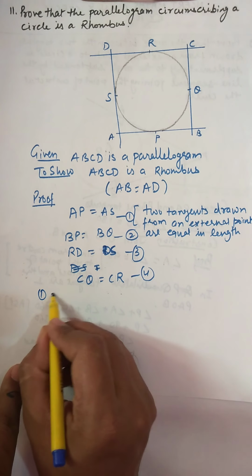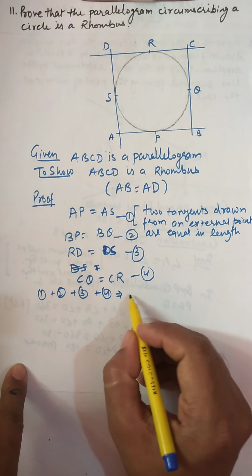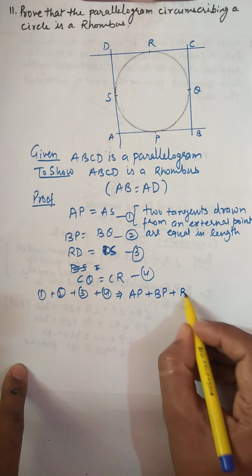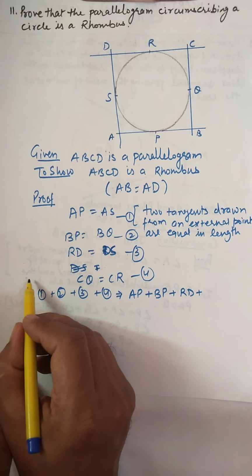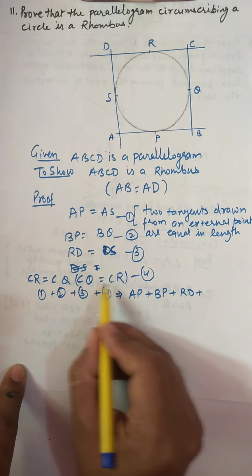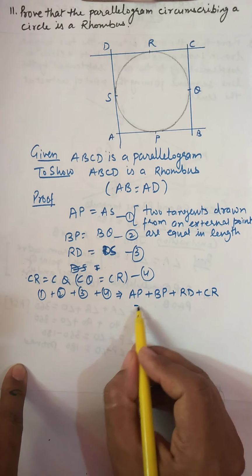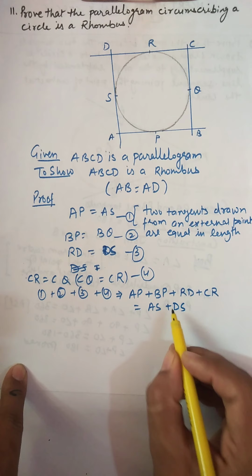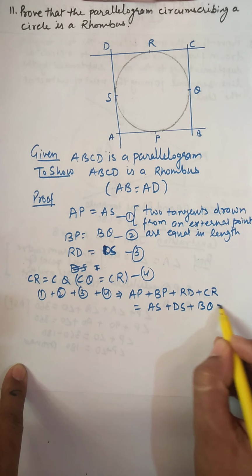Now we add 1, 2, 3, 4. Now you see what you get. AP plus BP, plus RD plus CR, equal to AS plus DS, plus BQ plus CQ.